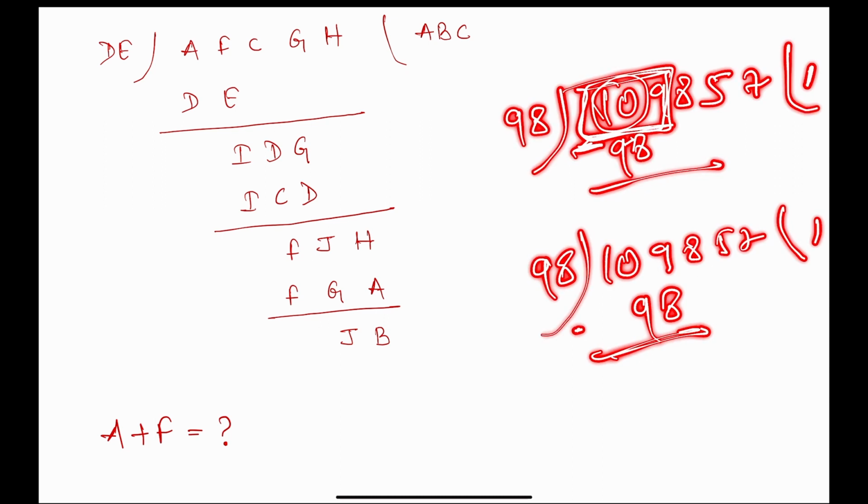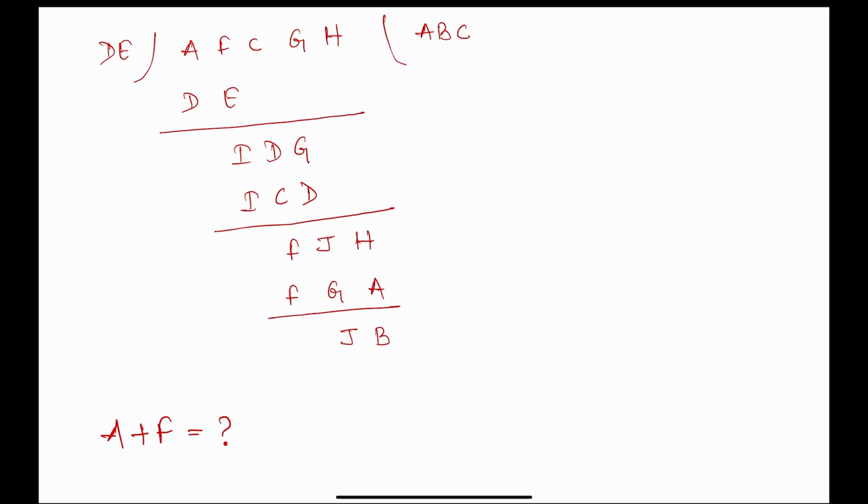In exams like CAT and all, they won't help you by giving everything in your hand or making the question easy. So you have to think on your own that if G is coming at this point, then AFC minus DE is the first step.